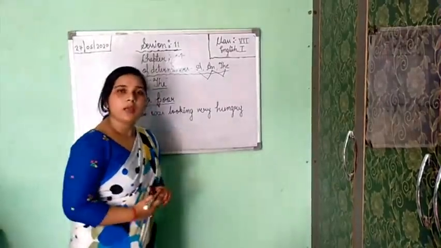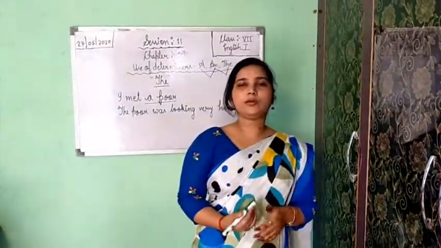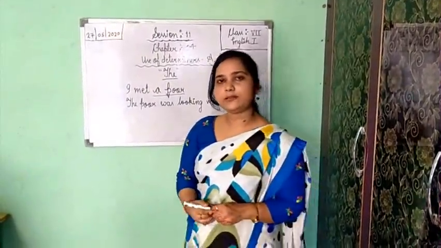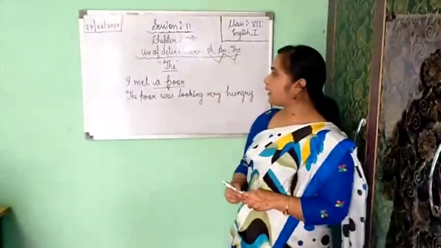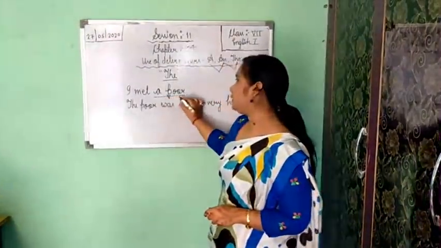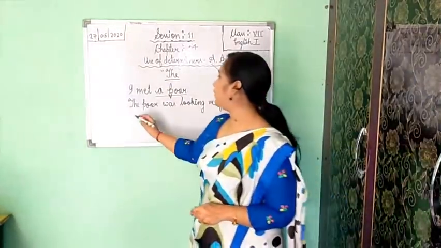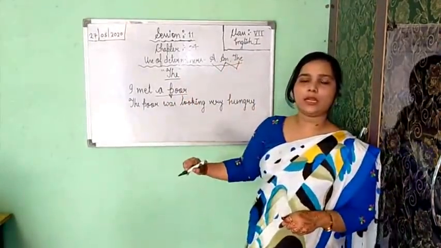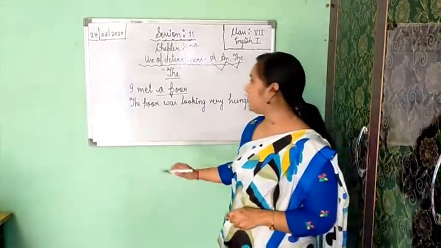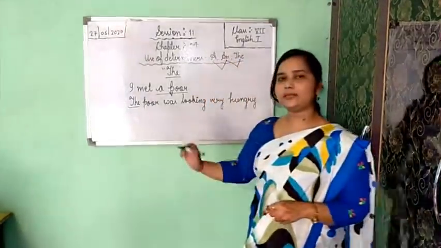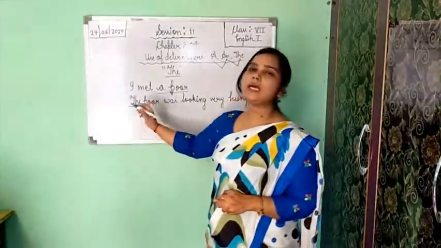If it is a vowel sound, then we will use "an". But if it is a consonant sound, then we will use "a". But about this poor only, again we are mentioning, so the second time we will not use the indefinite determiner, but we will use the definite determiner, that is "the". So the second time I have used "the" here.